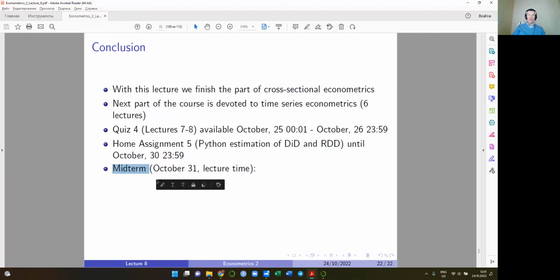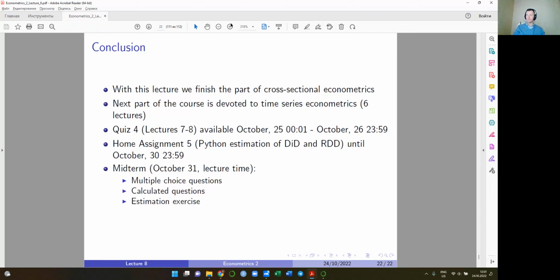So the midterm, what to expect? Multiple choice questions, calculated questions, an estimation exercise based on one of the covered topics. We have covered panel data, binary dependent variables, instrumental variables, and these 2 techniques, difference in differences and RDD.